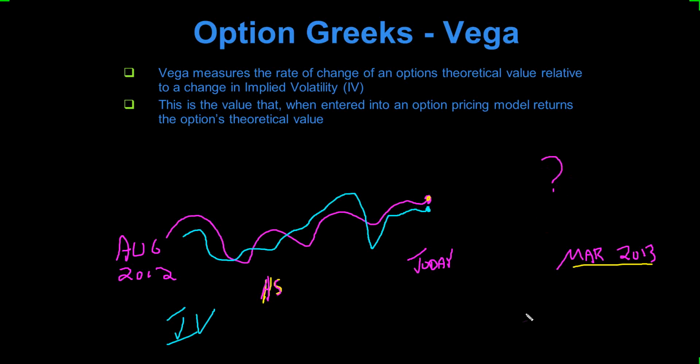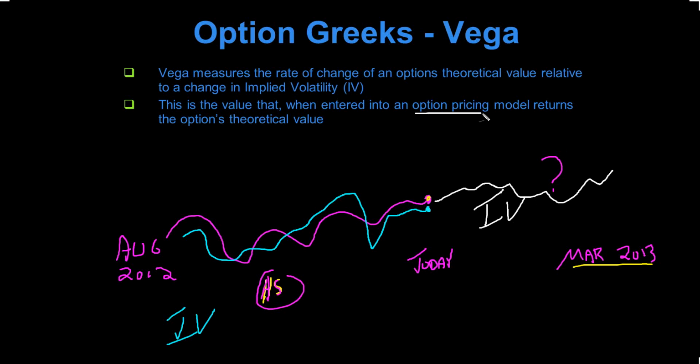So what the option market does is it says, let's look at historical volatility, let's look at implied volatility, and let's imply, or guesstimate, where we think IV is going to be over here. And they imply a volatility. They imply a price movement.